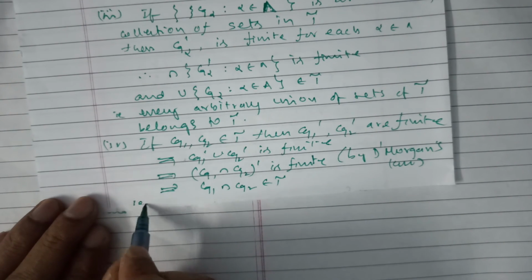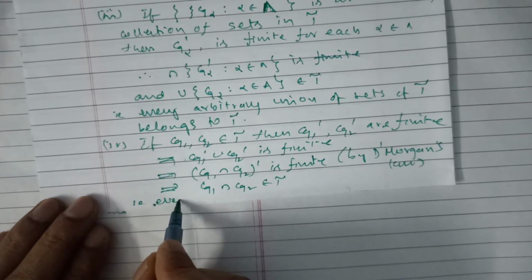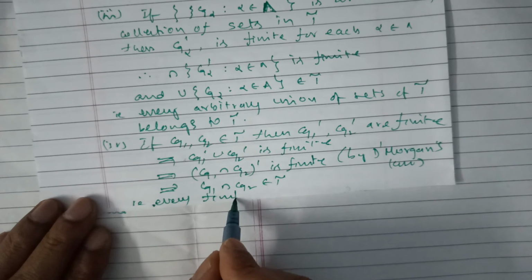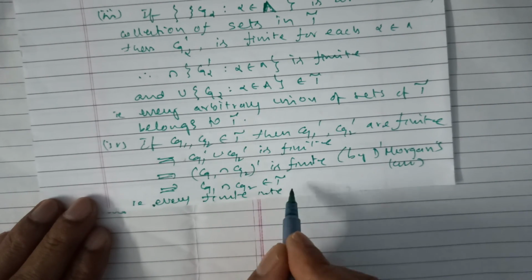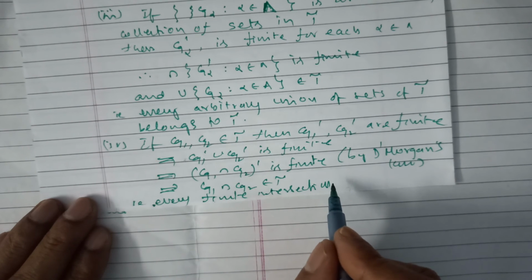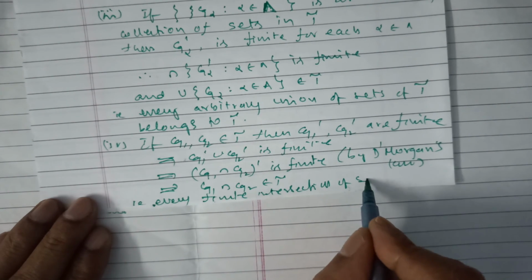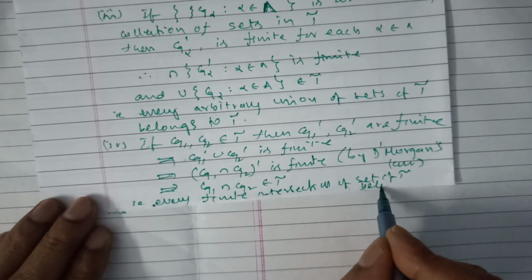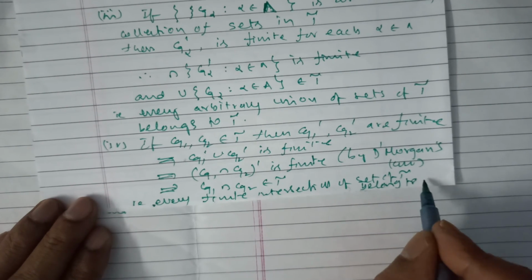That is, every finite intersection of sets of tau belongs to tau.